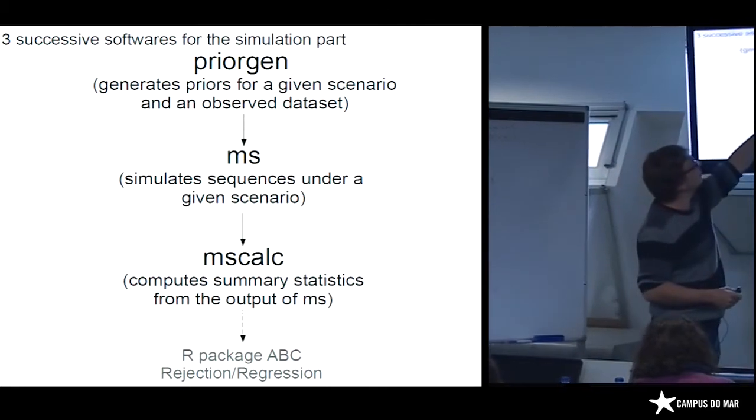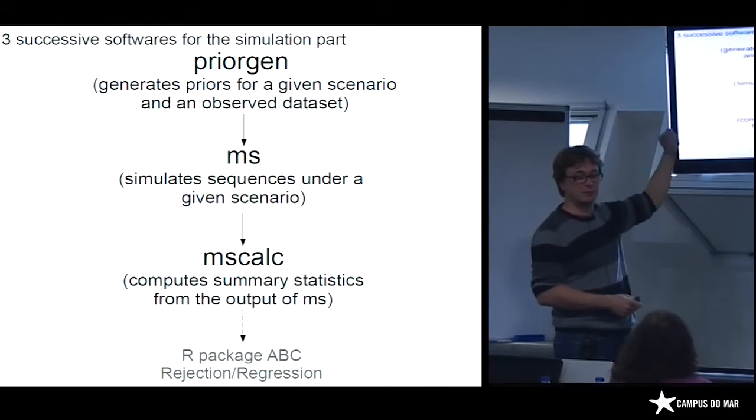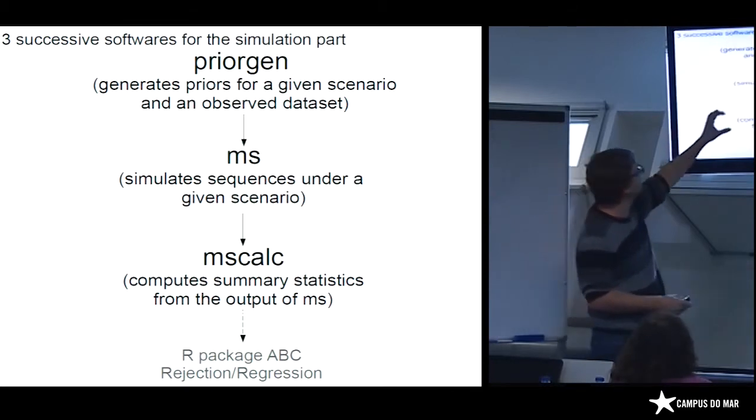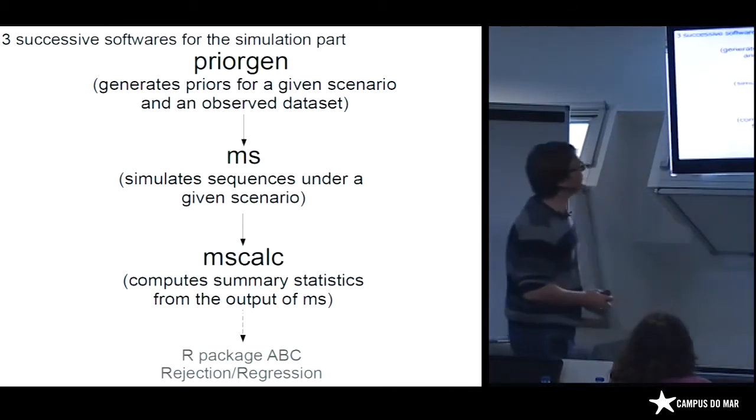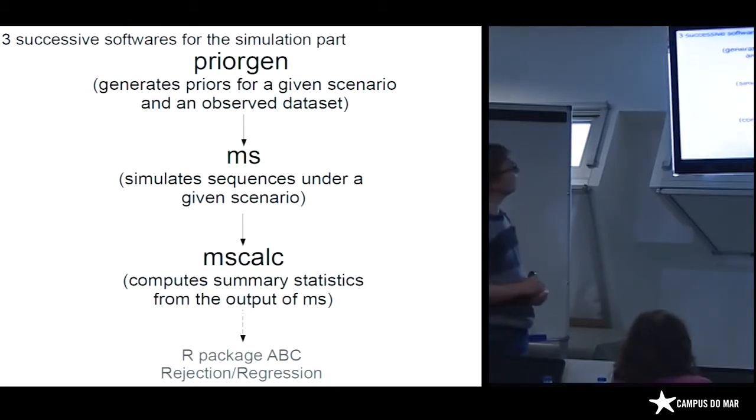Then you use the parameters you sampled in your prior distribution in a simulating software, which is MS, the Hudson's simulating software, which is widely used in population genetics.